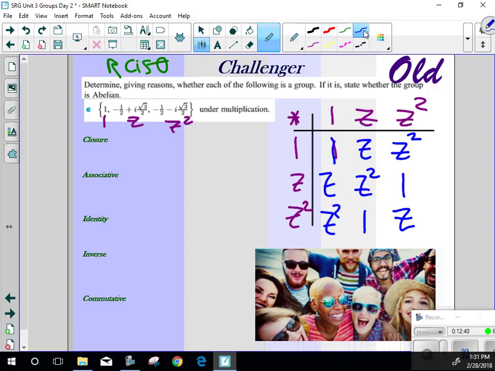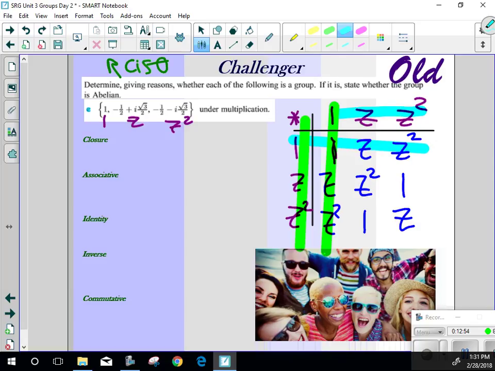What do you notice is the identity again? 1. 1 is the identity because, I like to describe it this way, it's 1 if this pair is the same and this pair is the same. Okay? Tell me about the inverses. Yes, 1 is an inverse of itself. Anything else? Yes.